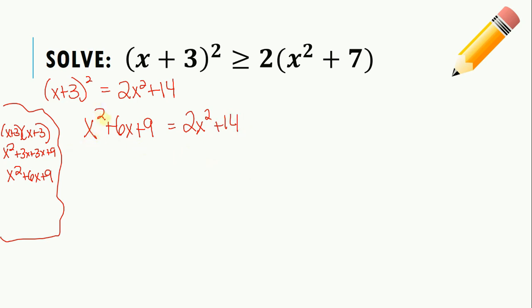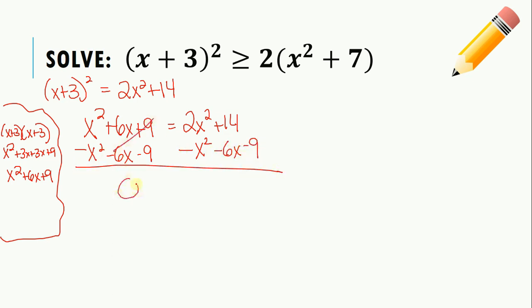I'm going to subtract everything over here because I hate negative x squareds. Makes my factoring more difficult, so I'm just going to move everybody over here. Be 0 equals x squared minus 6x. 14 minus 9 is 5.